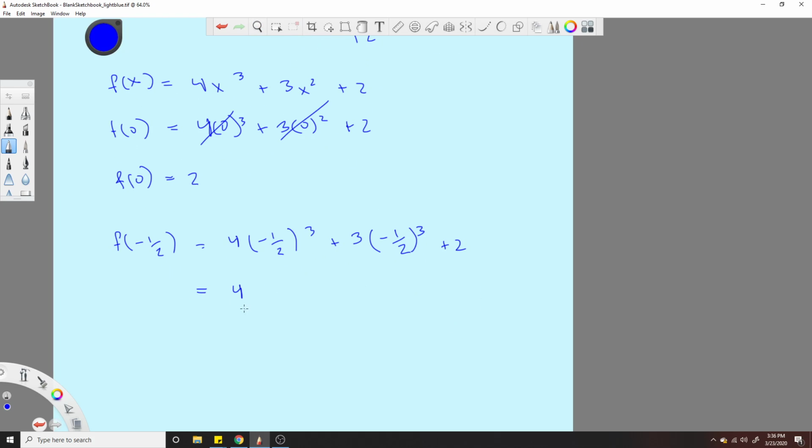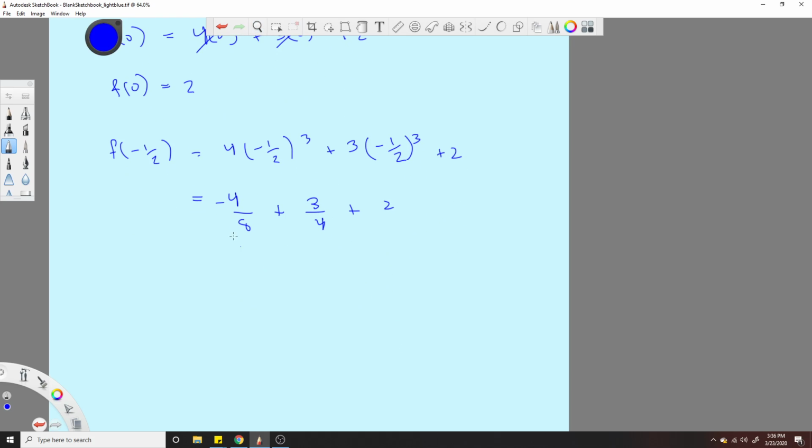This will equal negative 4 over 8 plus a positive 3 over 4, and a positive 2. When you add these fractions, you will end up with 18 over 8, and that will equal 2.25.